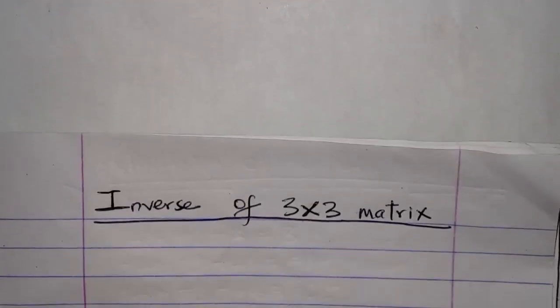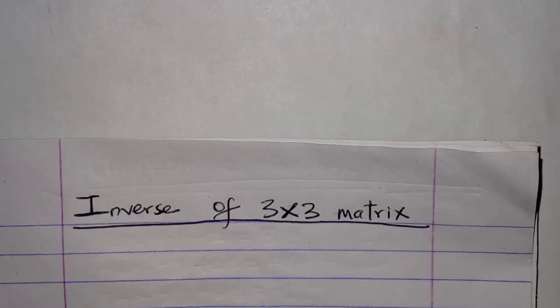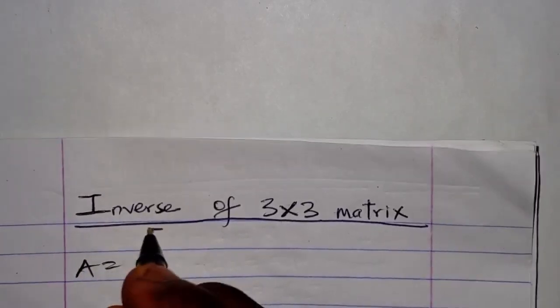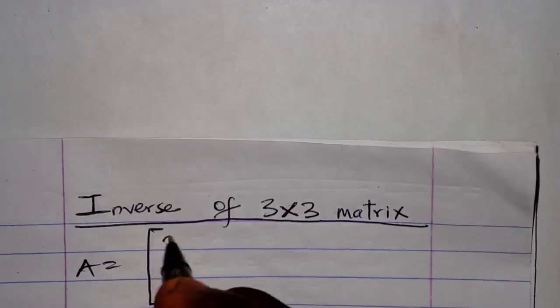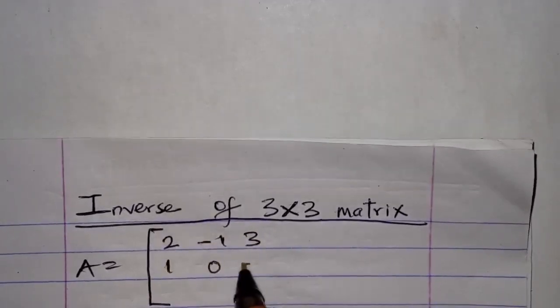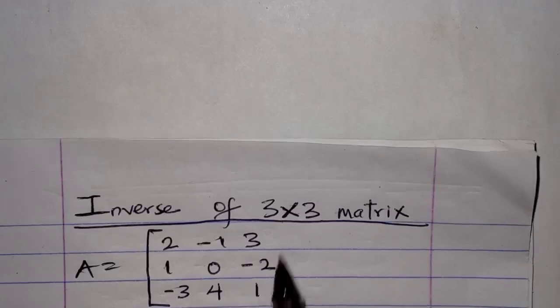Alright. Let's now find the inverse of a 3 by 3 matrix. The same procedure. I have a matrix A: 2, minus 1, 3; 1, 0, minus 2; minus 3, 4, 1.